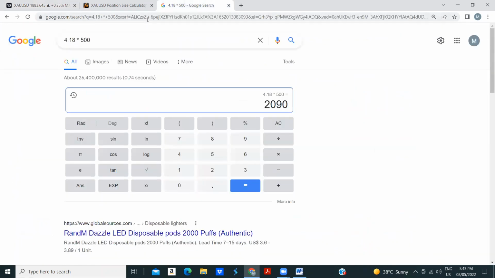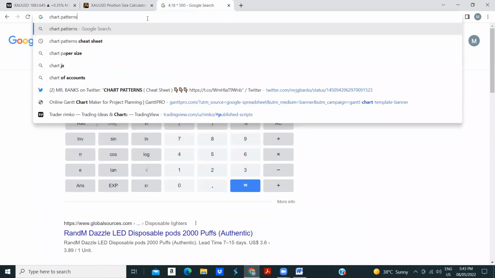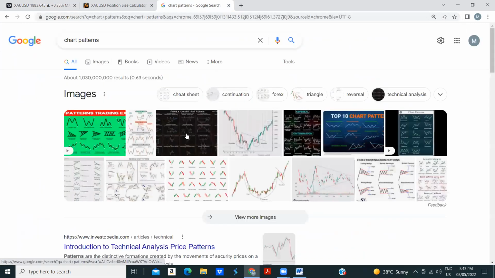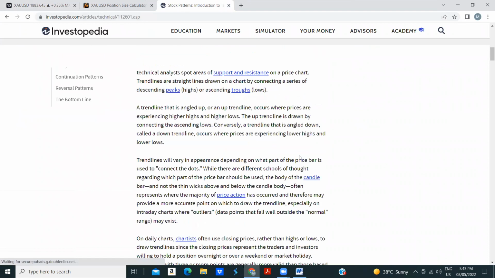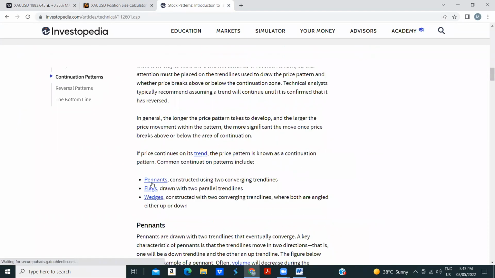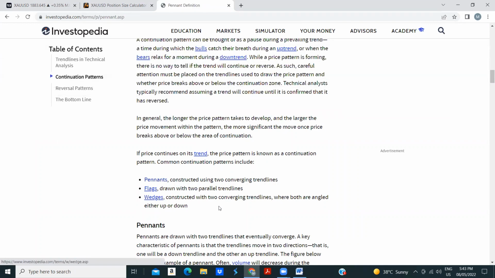But if you just type chart patterns, you will see several different types: flags, pennants, wedges. There are many.